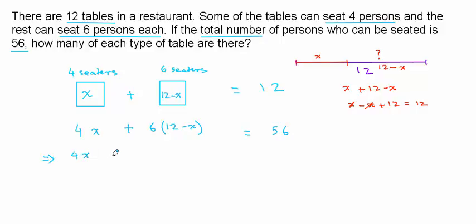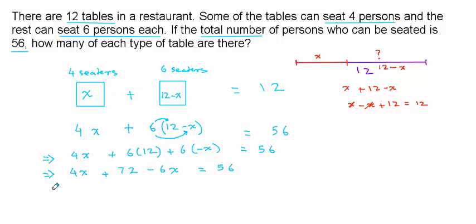The first step is to open up the parentheses, that is, distribute the 6, meaning multiply the 6 with each term inside the parentheses. So we have 4x plus 6 times 12 plus 6 times negative x is equal to 56. Let's keep going. 4x plus 6 times 12 is 72 plus 6 times negative x is negative 6x is equal to 56.